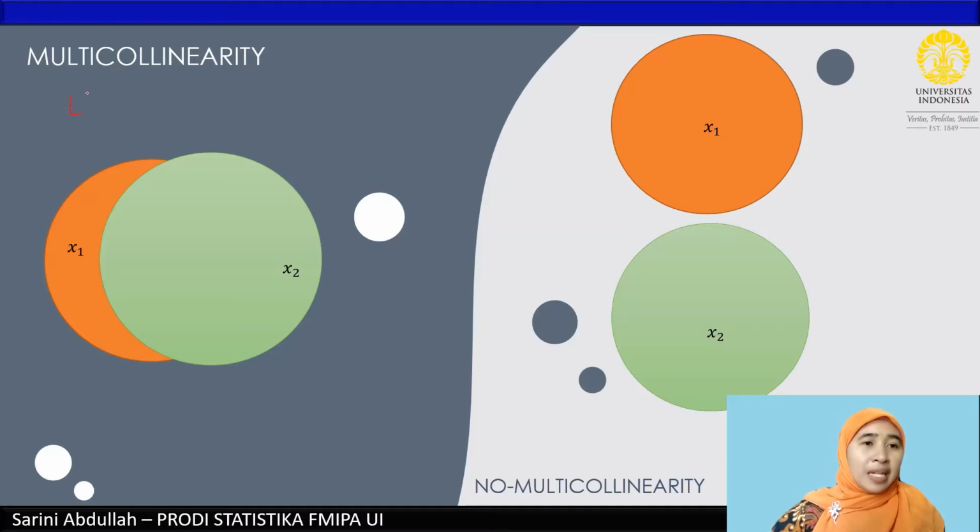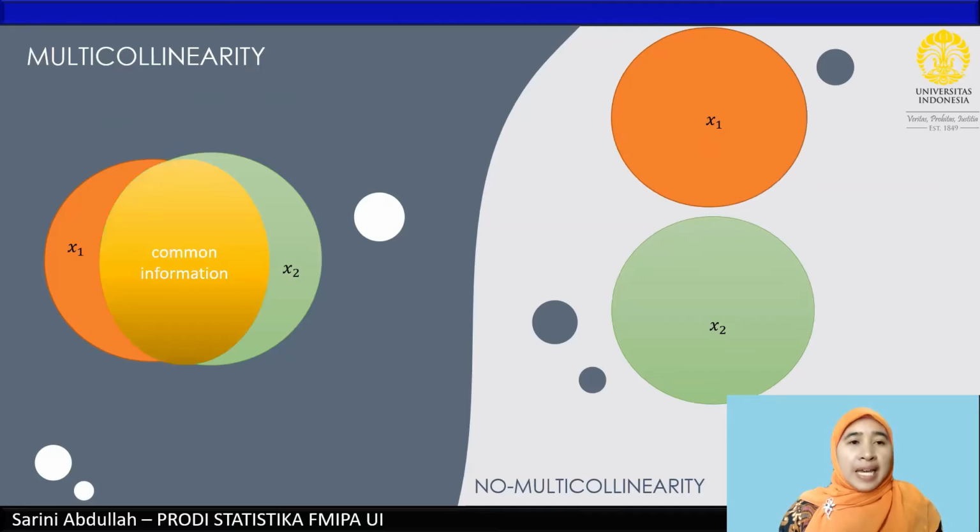So for our model, beta naught plus beta 1 x1 plus beta 2 x2, beta 1 is the magnitude, the measure, of this orange circle, and beta 2 is the magnitude of this green circle here.